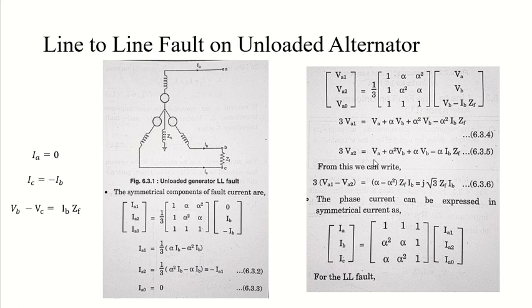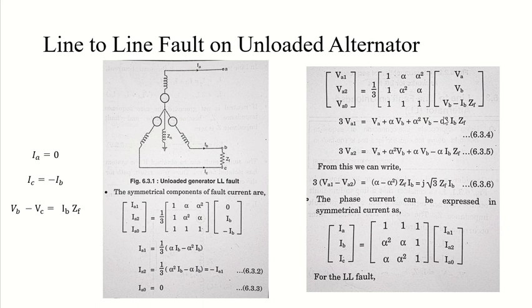Just like that, alpha into VB and alpha into VB will also get cancelled because I'm taking subtraction. The terms which have the same sign will get cancelled. Look at this, alpha square VB and alpha square VB also hold the same sign, so they will also get cancelled.